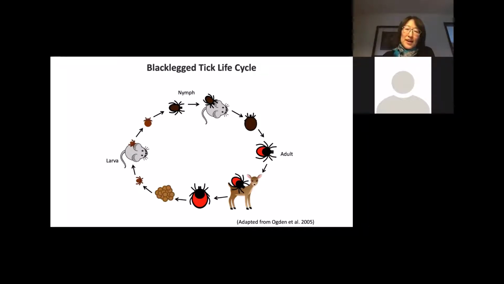So these ticks, as opposed to a flying insect like a mosquito, will not really go too far looking for a host. The adult stage may move a little further, but certainly they just sit and wait for a host to come.